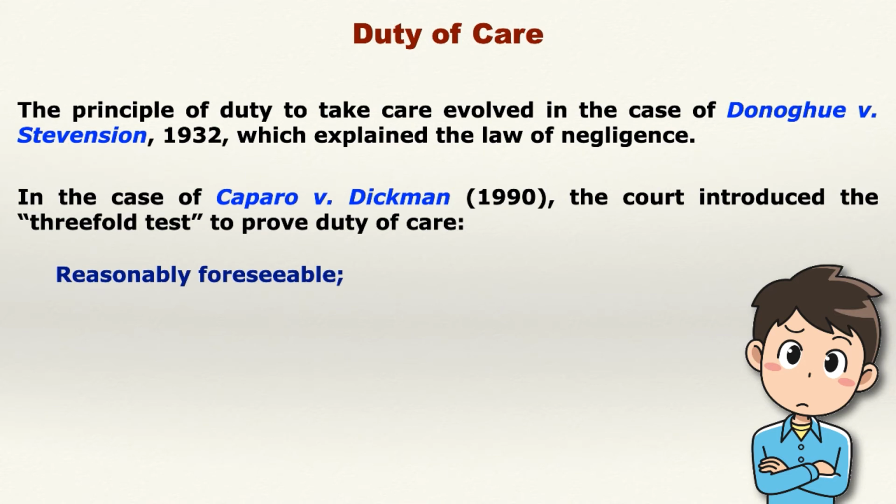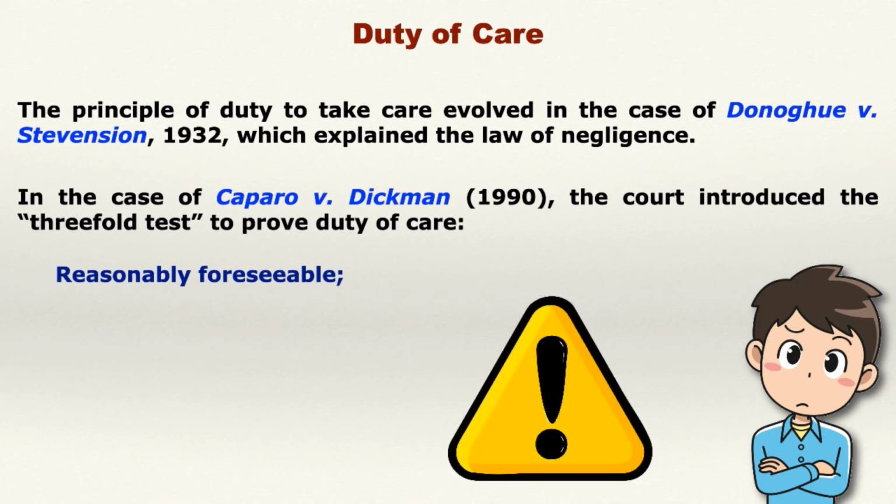Any prudent person can assume that in a given circumstance, this is possible to happen. So that is reasonably foreseeable. So you are required to take precaution in advance if the condition is something like that.